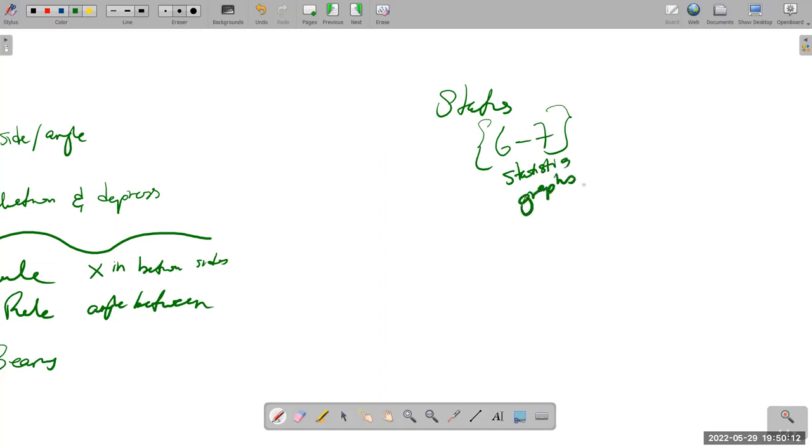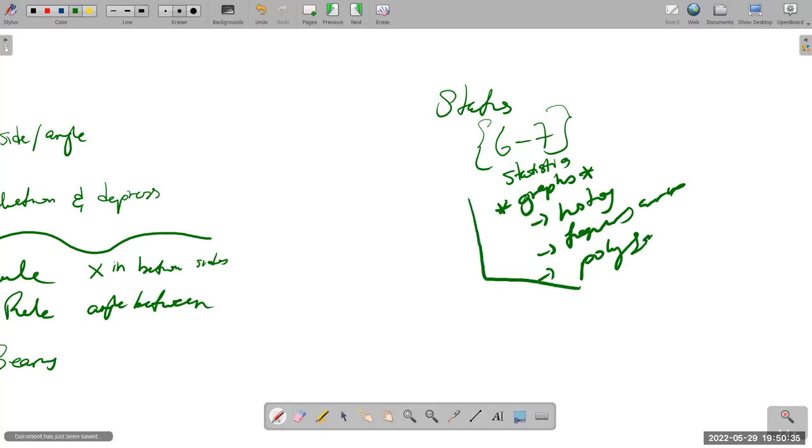But I personally just need to go through these graphs because students just lose a lot of marks for the graphs. And when I say the graphs, the histogram, the frequency polygon curve, the curve, and the frequency polygon, the polygon itself. So tomorrow evening, that's all I am doing.